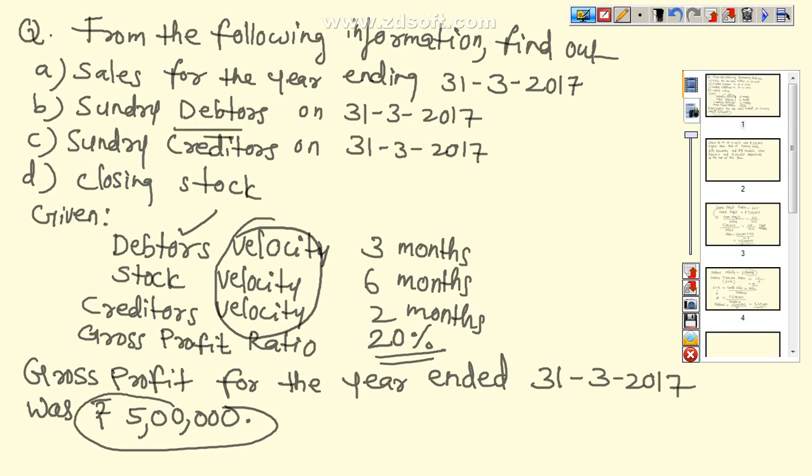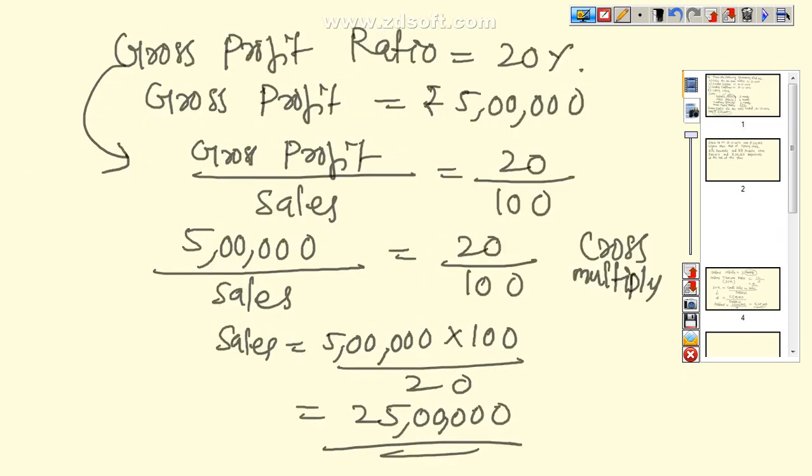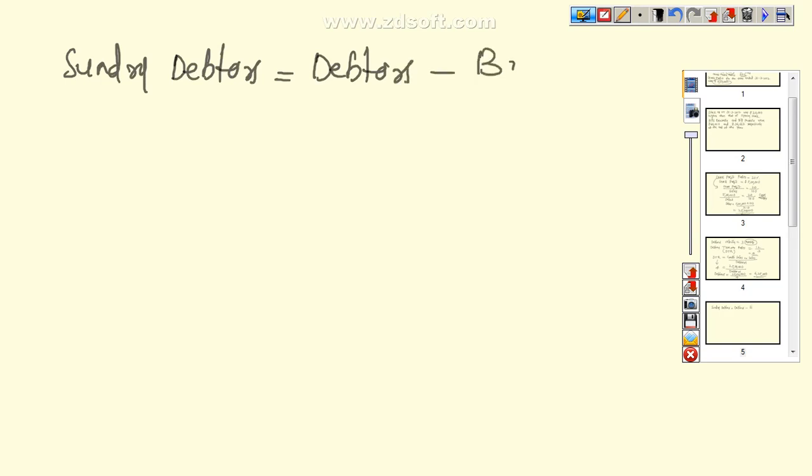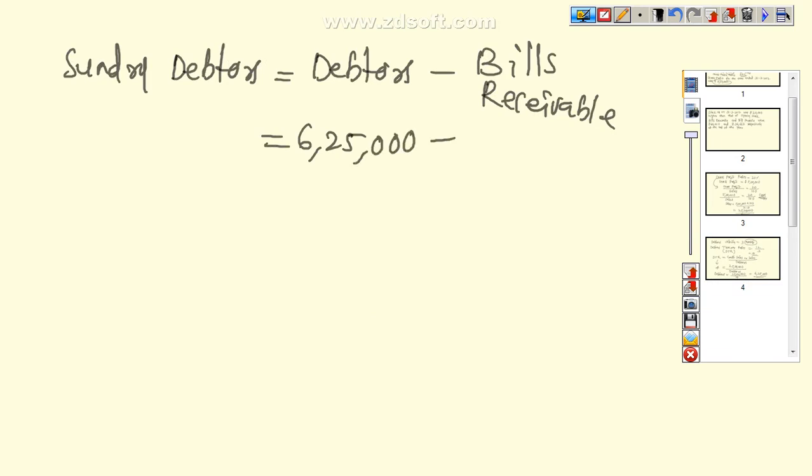Now according to the question, what do we have to calculate? Sundry debtors. Sundry debtors is equal to debtors minus bills receivable. We have already calculated the value of debtors, that is 6,25,000.